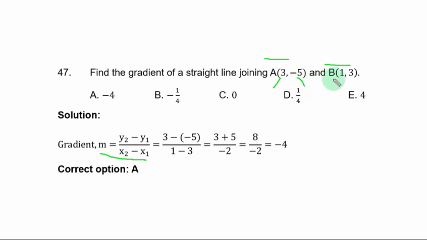For point B, 1 is X2 and 3 is Y2. If you replace X1, Y1, X2, Y2 with what they stand for, you have this result, which simplifies to this, and when you divide, you have minus 4. The correct option is A.